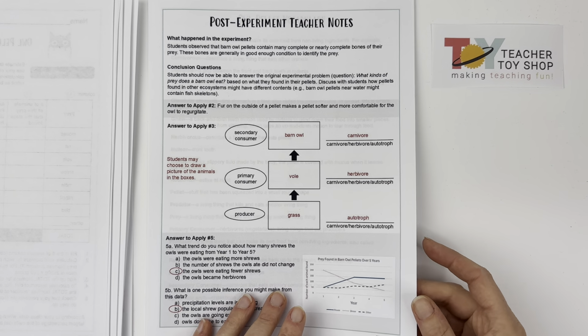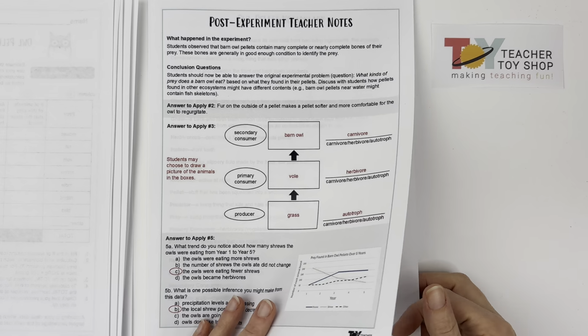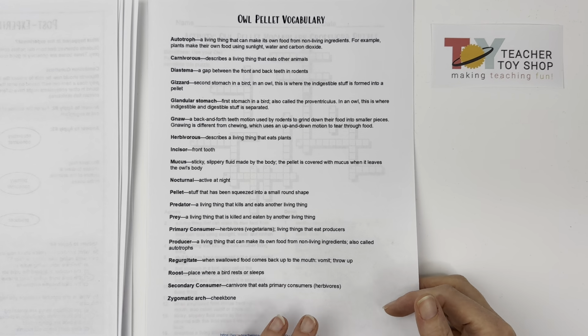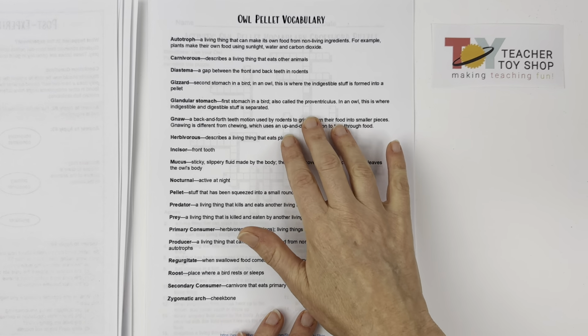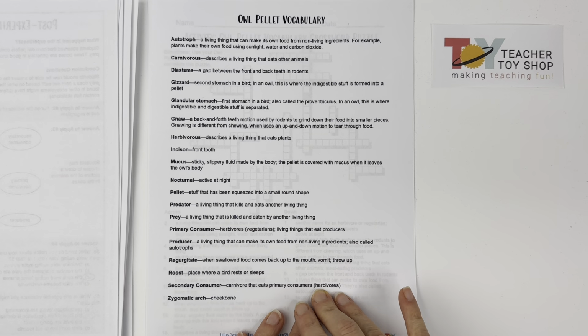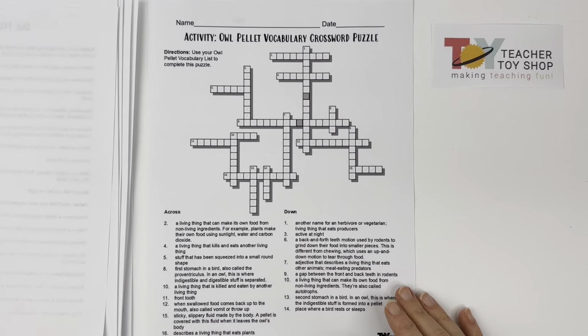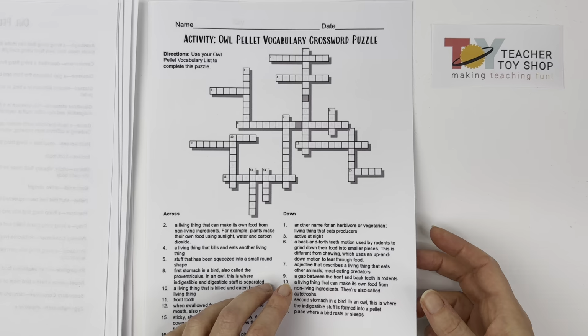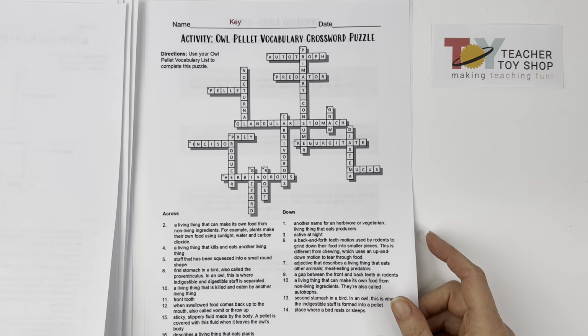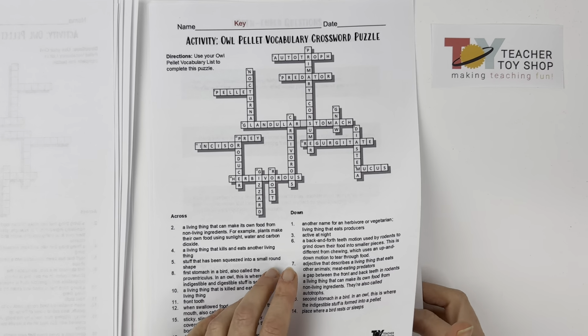Post-experiment teacher notes, answers to all of the application questions. And then there is owl pellet vocabulary that is written in student-friendly language, and a crossword puzzle to review that vocabulary, along with, again, an answer key.